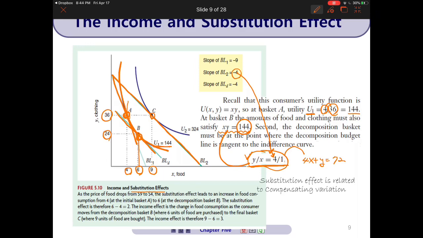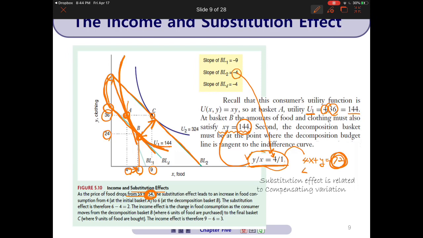So the substitution effect says as the price of good X falls, we substitute Y for more X. We spend more on X, even though there is no change in utility level, due to only a decrease in the price of good X. Once we reach here, the difference between B and C, there is no more change in relative price level, only income level.